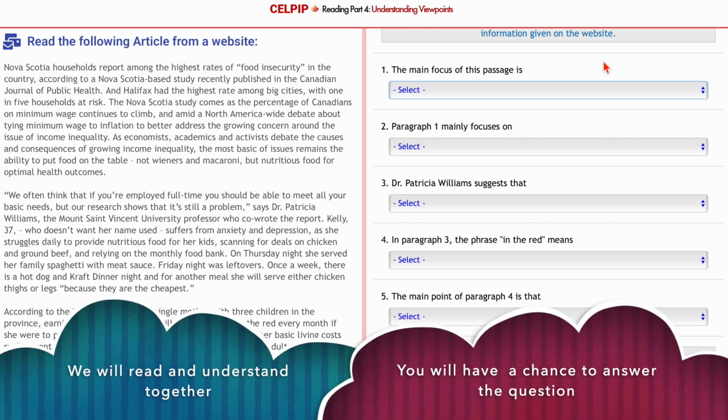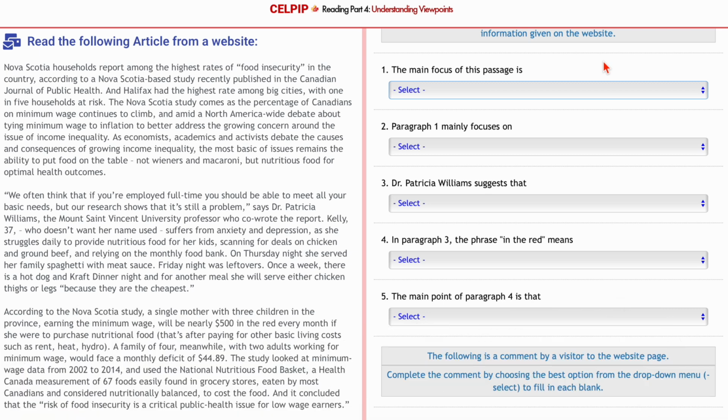Okay, while we are analyzing, I'm trying to explain to you more clearly some ideas and answers to build your comprehension, okay? And also along the way, I'm going to be explaining some vocabulary and ideas so we can understand better. All right, but I am going to be giving you a chance to answer. So let's get started, okay?